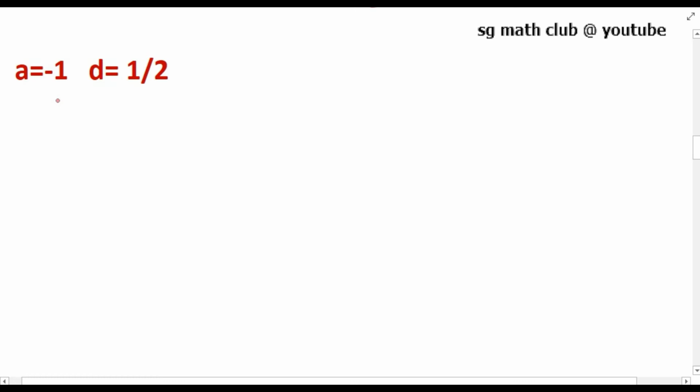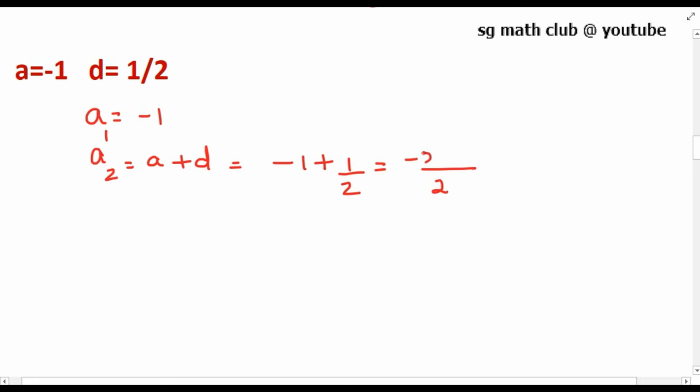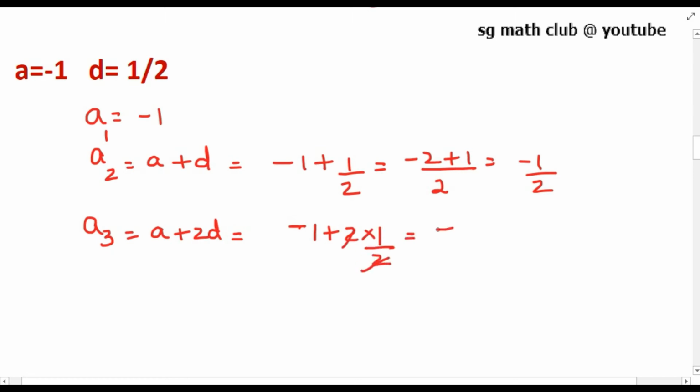Next is A is minus 1 and D is half. So first term is minus 1, A1. A2 is A plus D. So minus 1 plus half, we need to take the LCM. Minus 2 plus 1 is minus 1 by 2. Now A3 is A plus 2D. So minus 1 plus 2 into 1 by 2, this will get cancelled. Minus 1 plus 1 is 0.